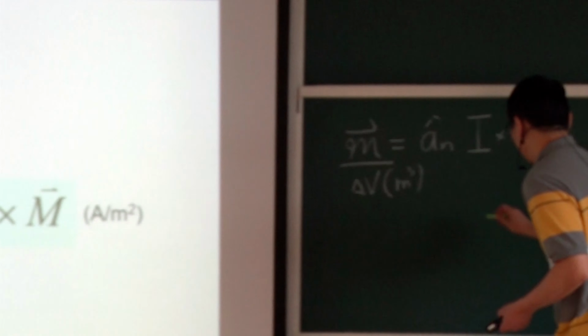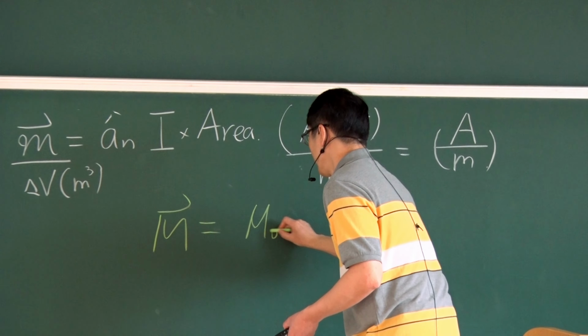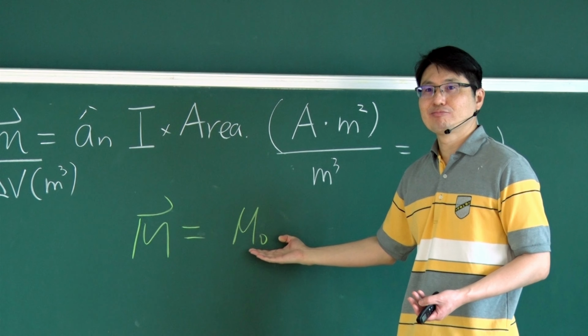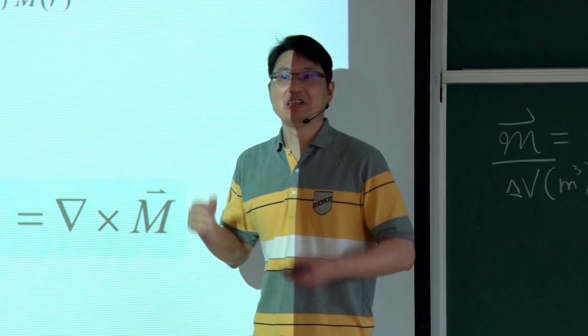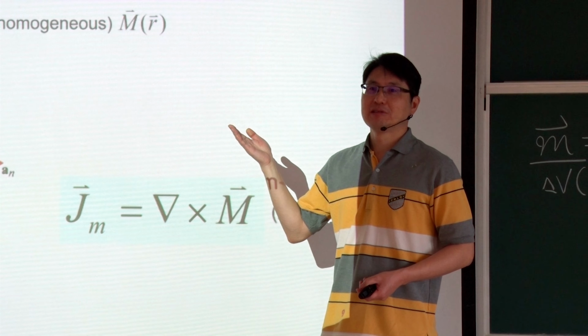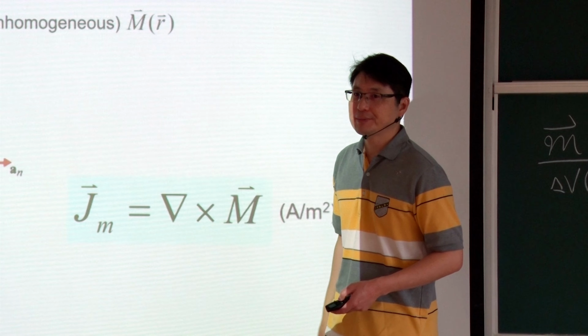What do I mean? If this M is some M0, a constant, the curl operation performs differentiations in x, y, z, right? A constant gives you a zero differentiation, right?